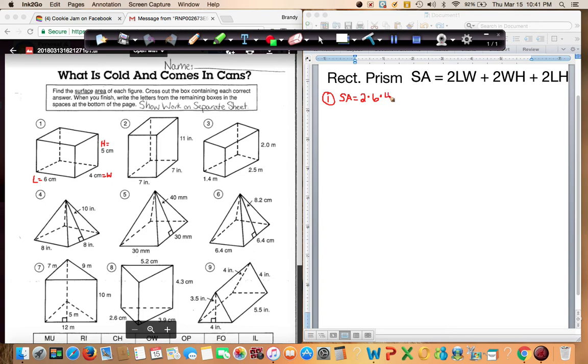See, all I'm doing is plugging and chugging. Plus 2 times my width, which is 4, plus my height, which is 5.